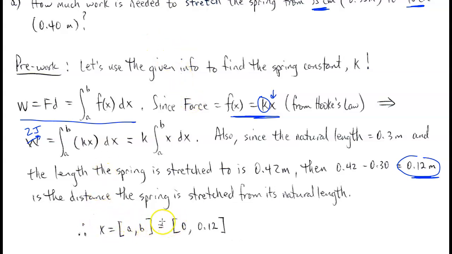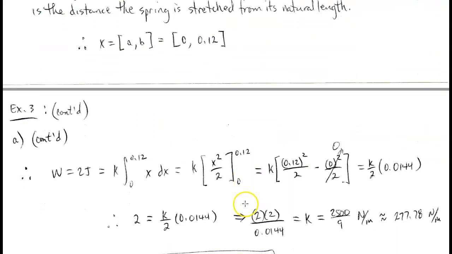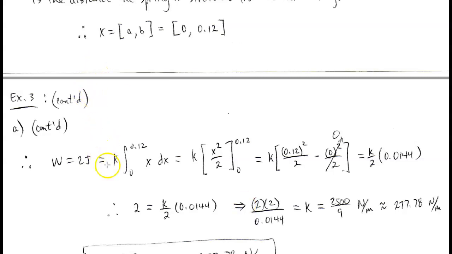So this is letting us know what our limits of integration are going to be. A and B are going to be 0 and 0.12, or 12 hundredths of a meter, respectively. And so then we throw all that information in. We have our 2 joules, we have our limits of integration, and from that, we just need to find out what our constant is.